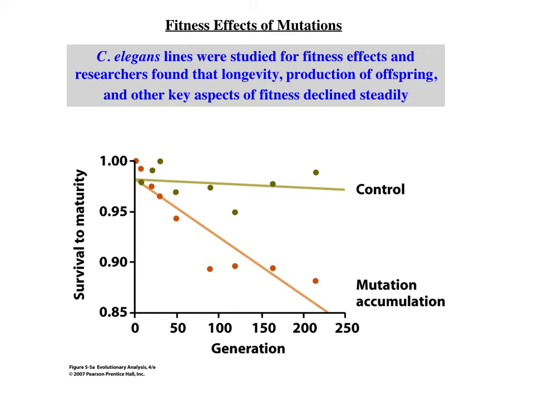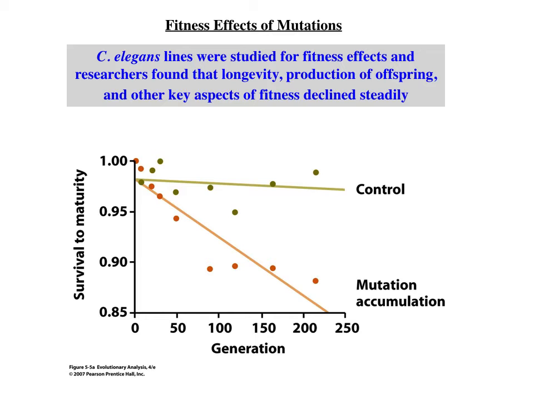In these studies, they also measured the effects of the mutations, and what they found when they looked at things like longevity, production of offspring, and other aspects of fitness, was that over time, as the mutations accumulated in the lineages, the fitness began to decline.